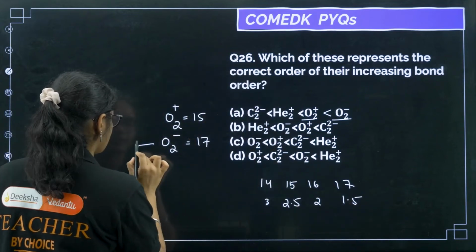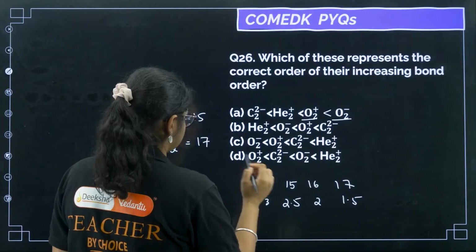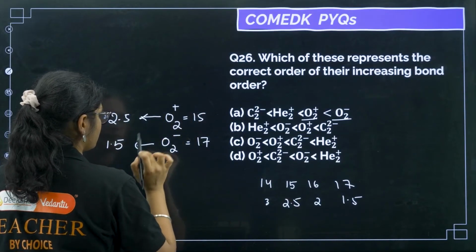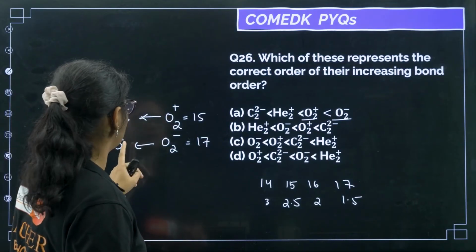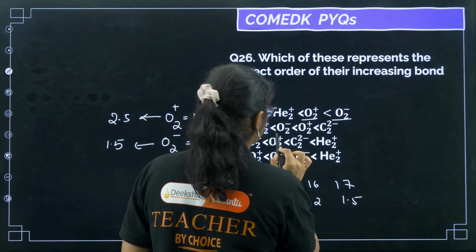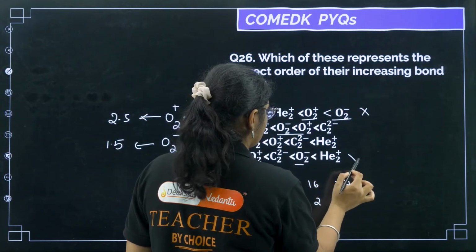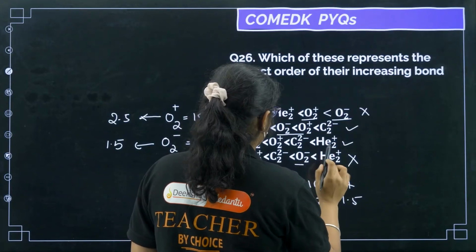O2 minus is 1.5 and O2 plus is 2.5, so O2 plus will be more than O2 minus. Whichever options have O2 minus greater than O2 plus, we can eliminate. Here and here we can think about these two.